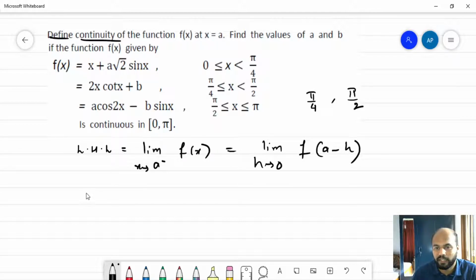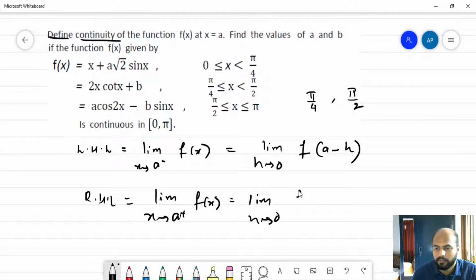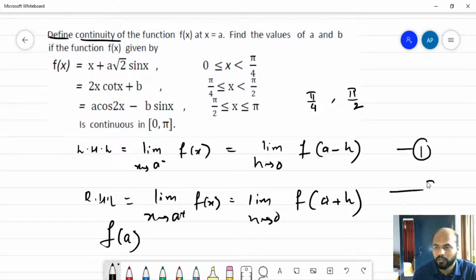So this is LHL, and the RHL part is limit x tending to a plus f(x), which should be f(a + h), and the value of the function at that point, that is f(a). So when these three things, that is 1, 2 and 3, are all equal, it means that the function is continuous at x equals a.